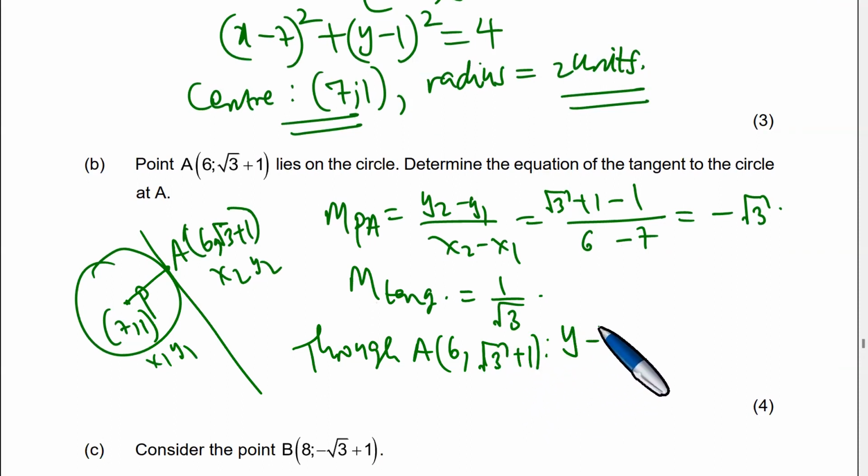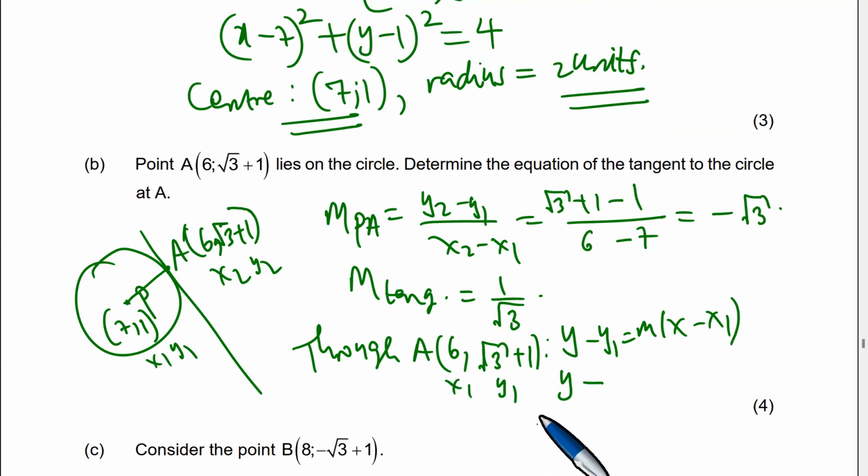And then you use the formula y minus y1 equals m into x minus x1. It passes through this point, which contains the coordinates of x1 and y1, so y1 is the square root of 3 plus 1.